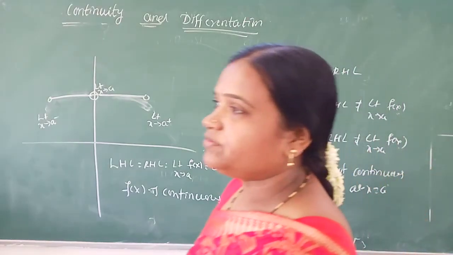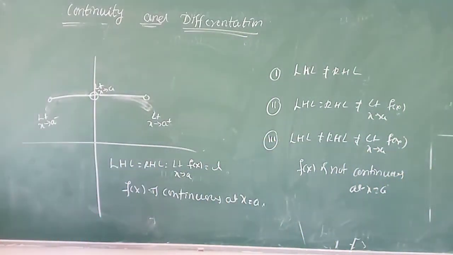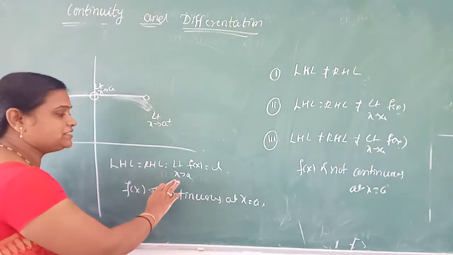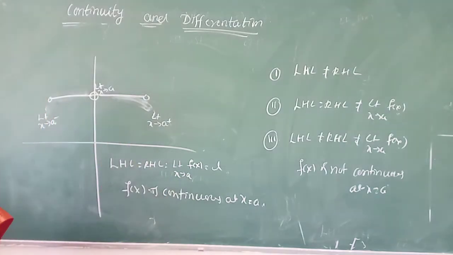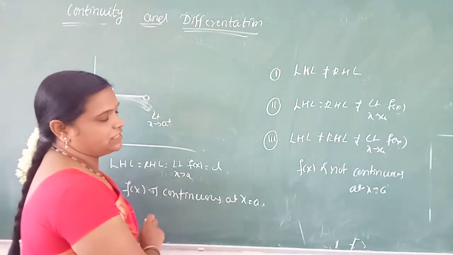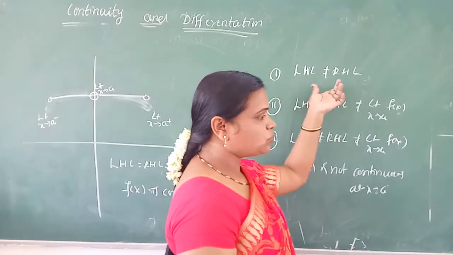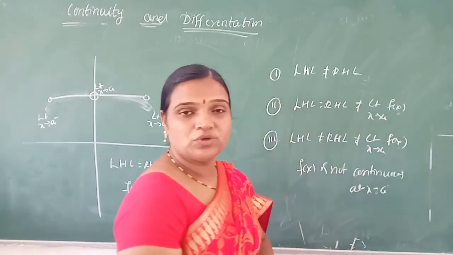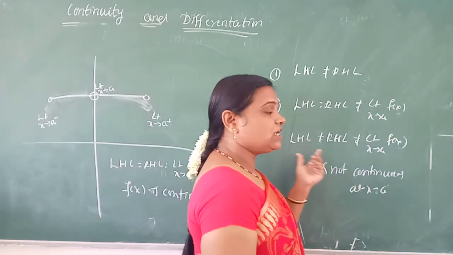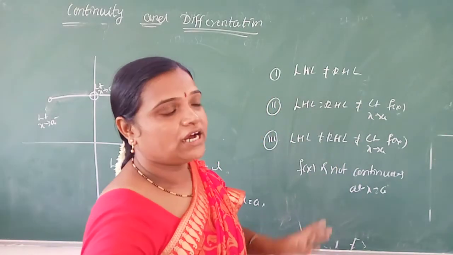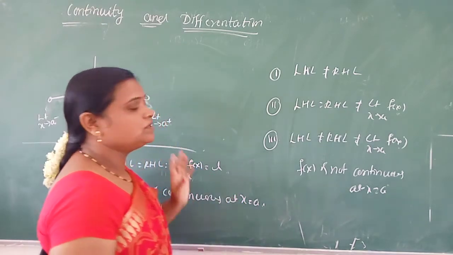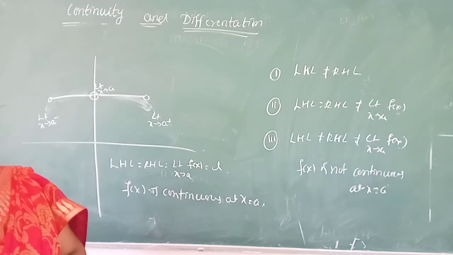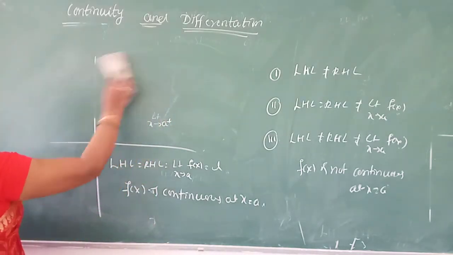Understood? When we say that function f of x is continuous at x equal to a, if LHL equal to RHL equal to limit x tends to a f of x equal to L, then only function is continuous. If LHL is not equal to RHL, or LHL is equal to RHL, but this one is not equal to the limit of the function, or in all the three cases they are not equal, already given by using the graph how we define, then we say that function is not continuous.